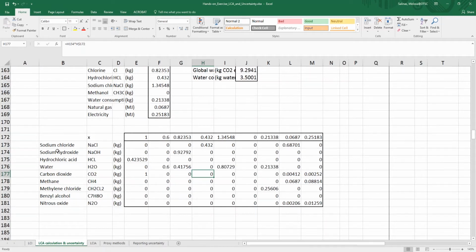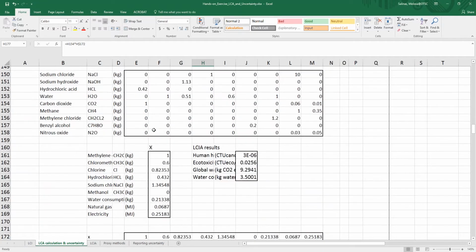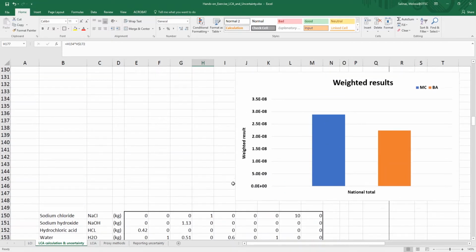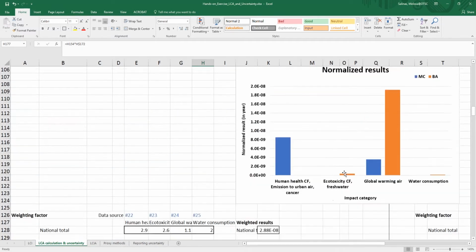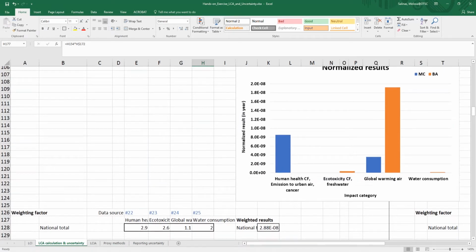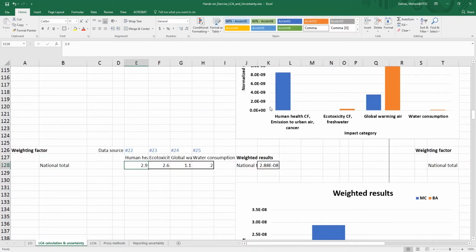Yeah, so this result is based on the elementary flow. If we want to focus on the characterized result, we can multiply certain characterization factors to this. So in our result, global warming didn't really contribute. Human health was the major contributor because the normalized result was high and the weighting factor was high, right?